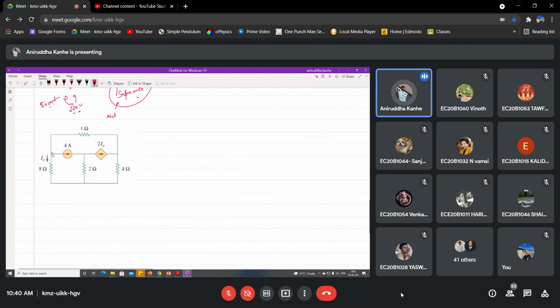So let's designate some values to it. You can see here you have 4 nodes, so obviously one can be grounded. This I am grounding here. Let's call this V1, that V2, and this V3.